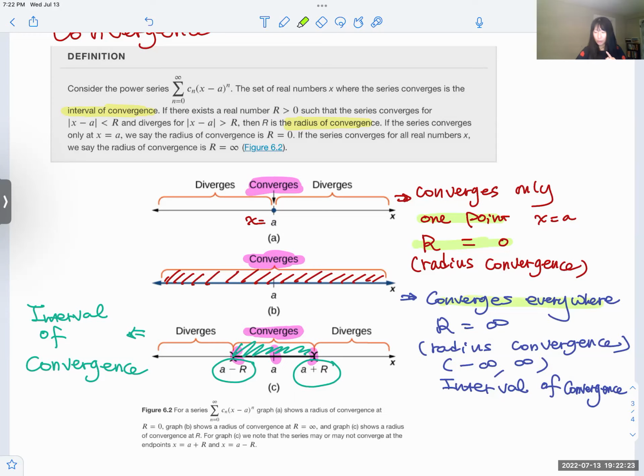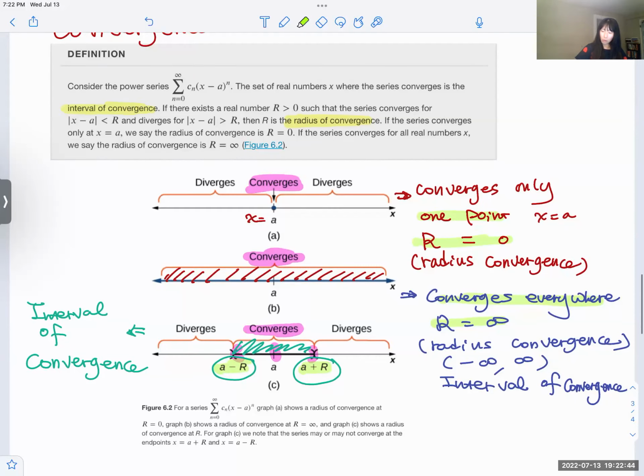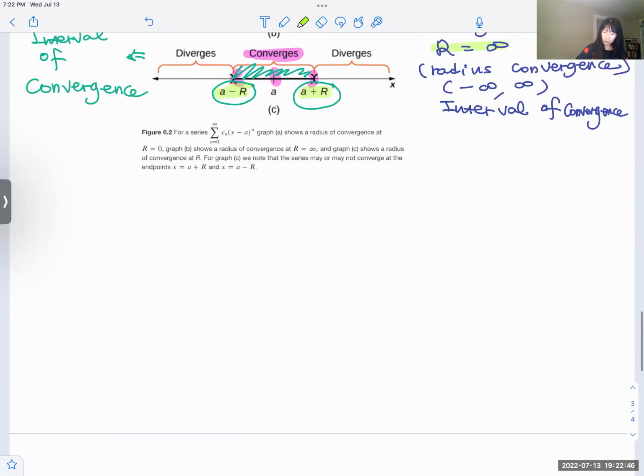If it converges everywhere, then R equal to infinity. Then for the interval of convergence, we use this formula. All right, let us do an example.